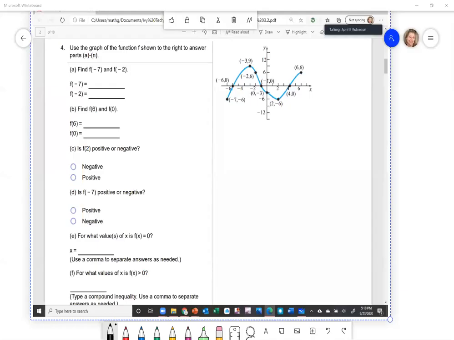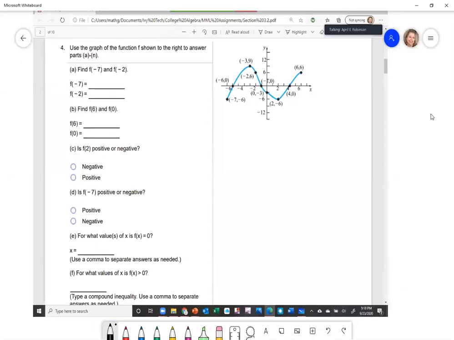All right, I'm in my Microsoft whiteboard. I did a copy and paste, so hopefully this will work. For what values of X is F of X greater than 0? You're looking for all the points that have a Y coordinate greater than 0.